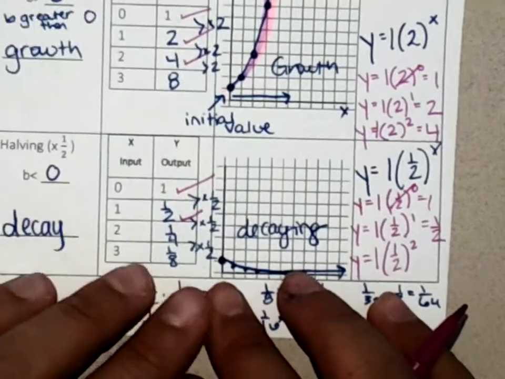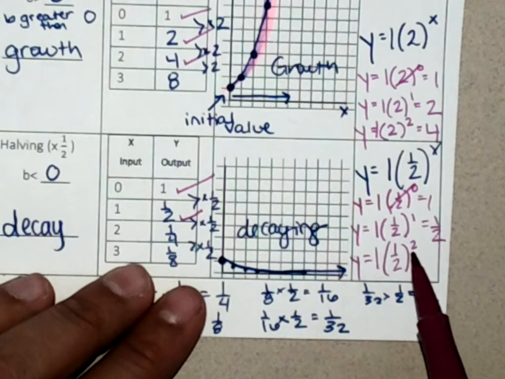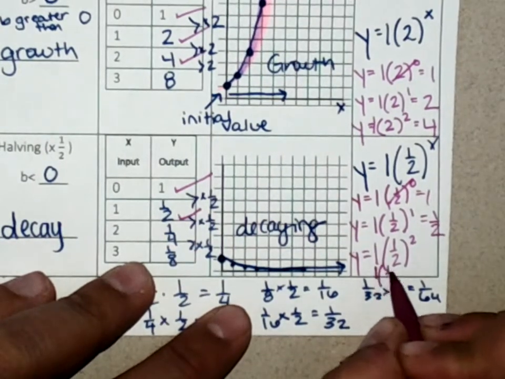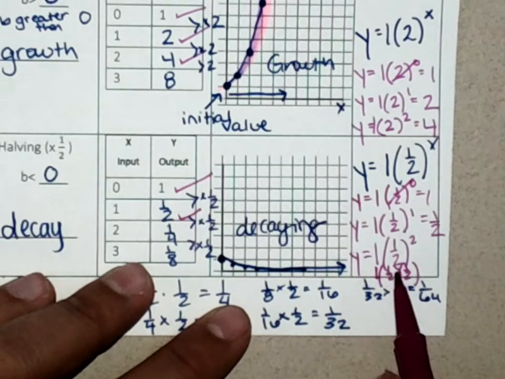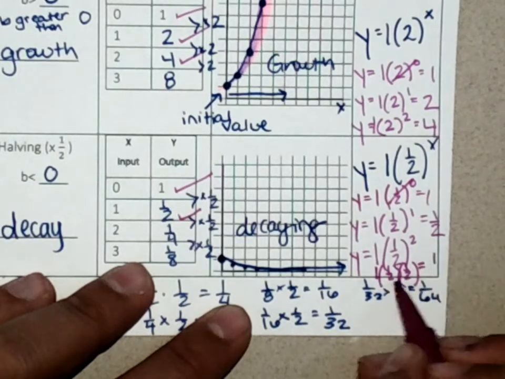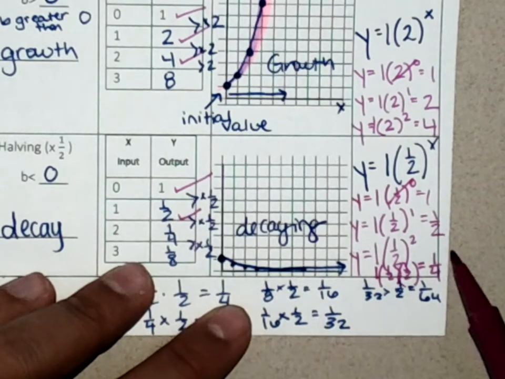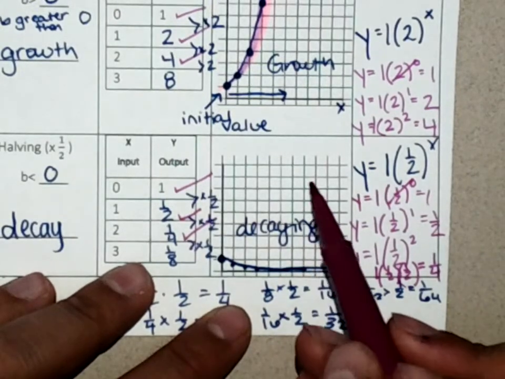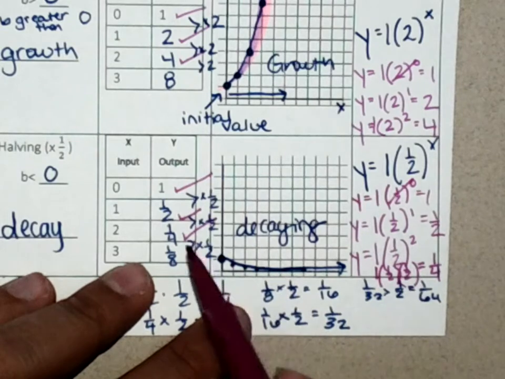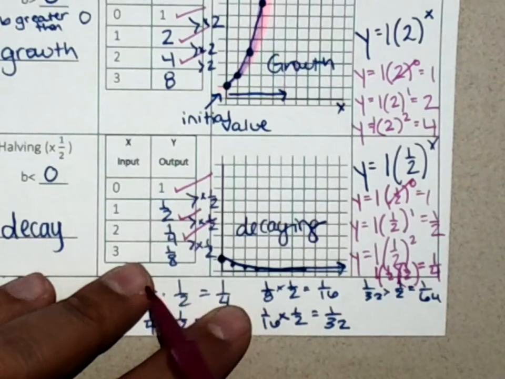Well, we learned in exponents that we would give this to both the bottom and the top, or you could think of expanding it. 1 times 1/2 times 1/2 is still going to give us 1/4. 1 times 1 is 1, 2 times 2 is 4. So when x equals 2, y equals 1/4. So again, you can use this equation to predict anything forwards on the x-axis as well as anything prior, so any negative values. And we will talk about that in just a moment.